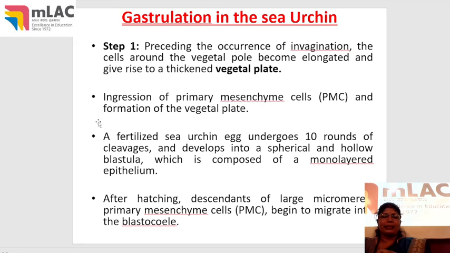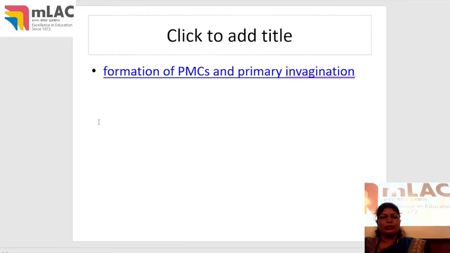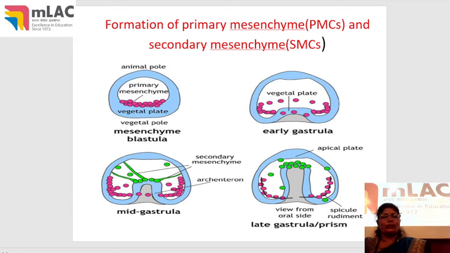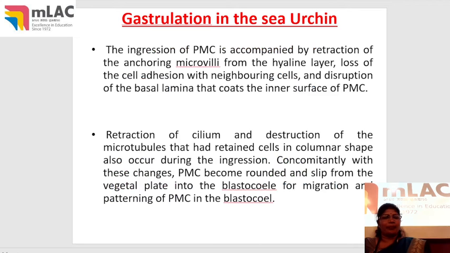These primary mesenchyme cells will begin to migrate into the blastocoel. Here you can see the primary mesenchyme cells. So this is the first step.